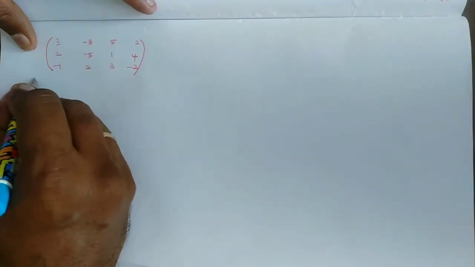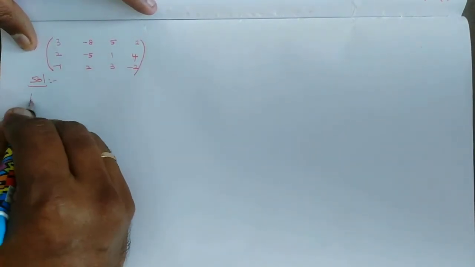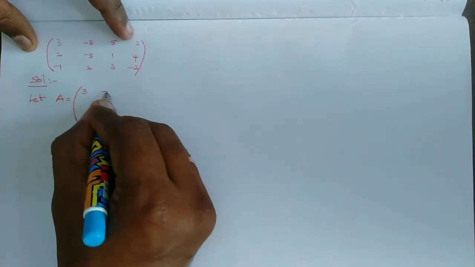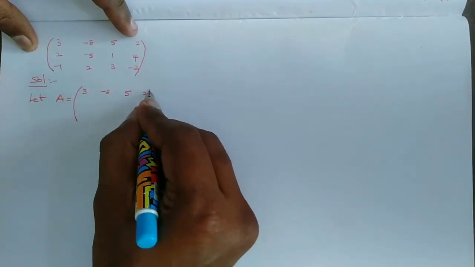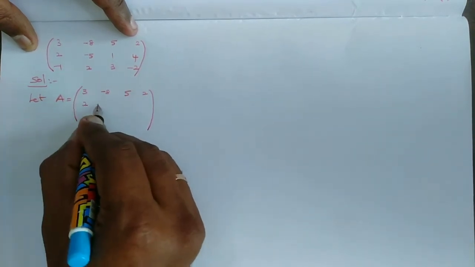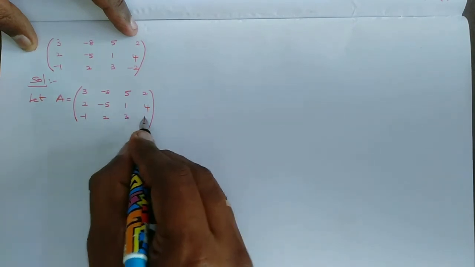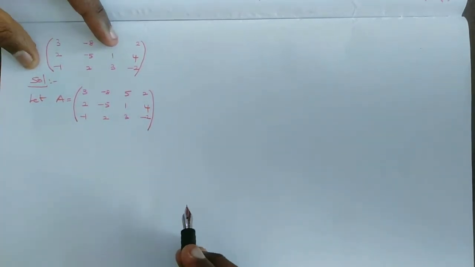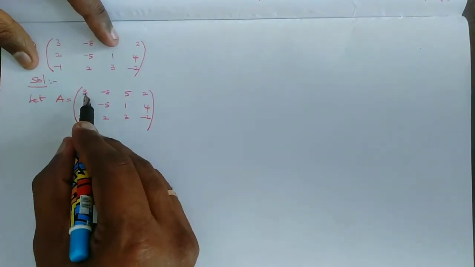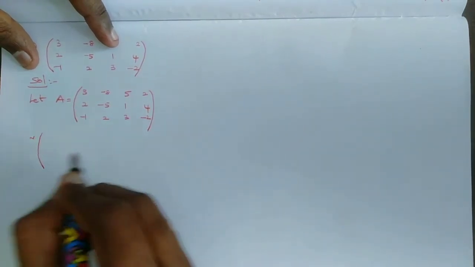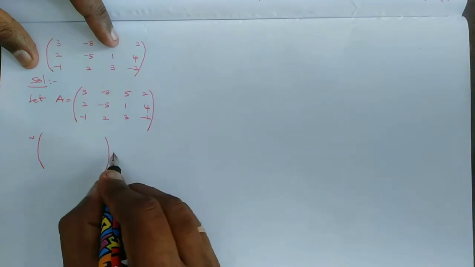Solution. First name the matrix. A is equal to 3 minus 8 5 2, 2 minus 5 1 4, minus 1 2 3 minus 2. First step, A1 can be 1 or minus 1, but there is no 1 or minus 1, so I am going to interchange.